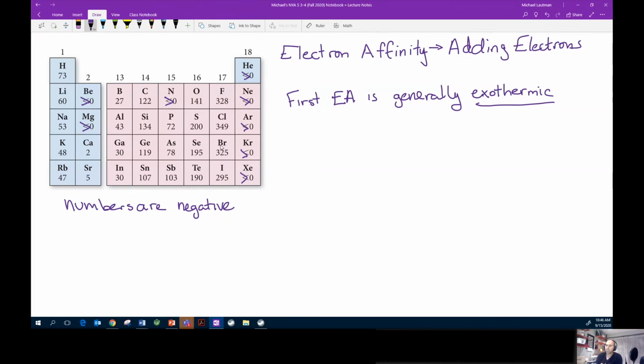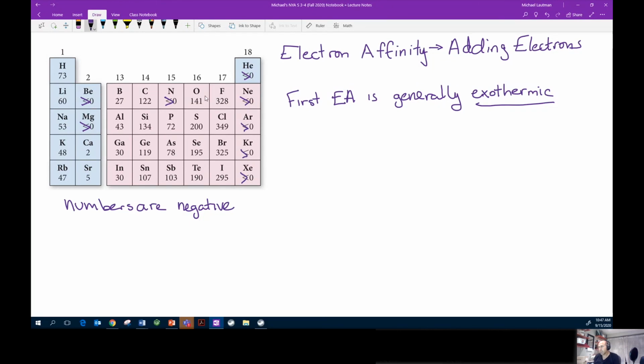Basically, it's more energy favorable for nonmetals to accept electrons. So we see that, if we look just at the p block, it gets easier, or it gets more exothermic.